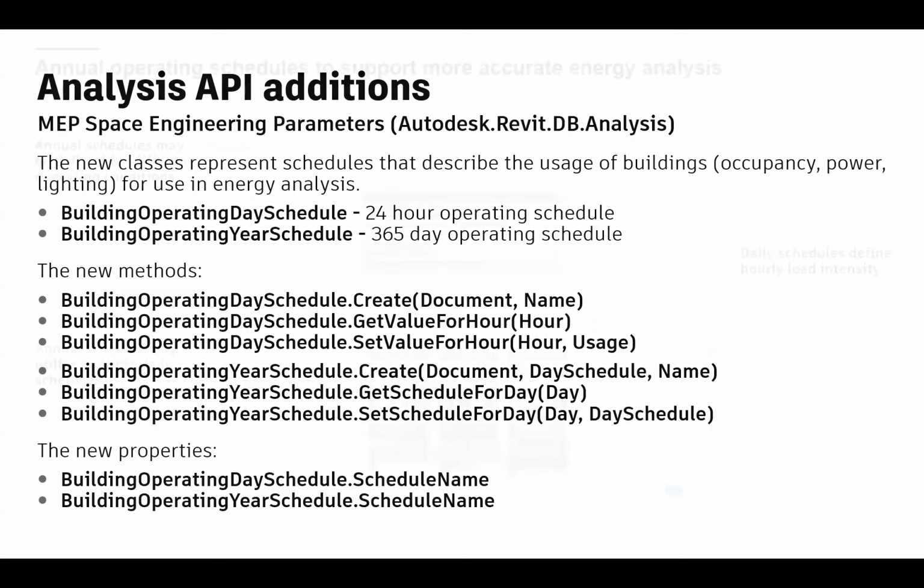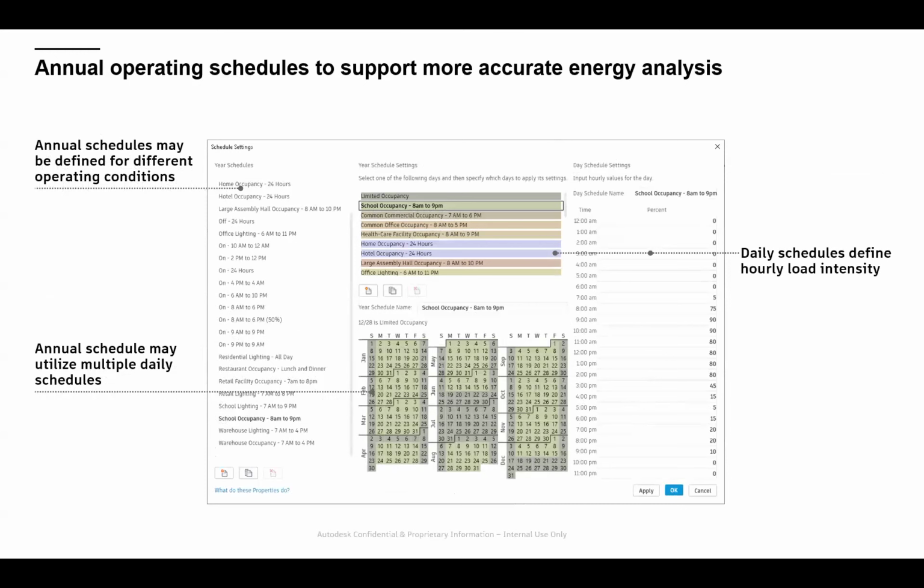Since it is a new functionality, I want you to take a look how UI looks. That's how the representative year could be created, and different day schedules could be assigned to specific days of the year.